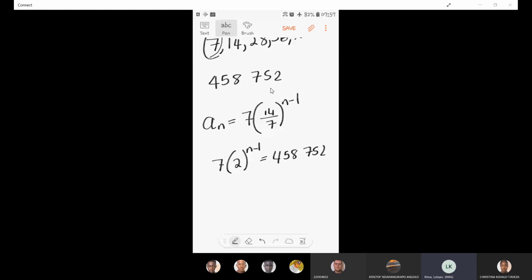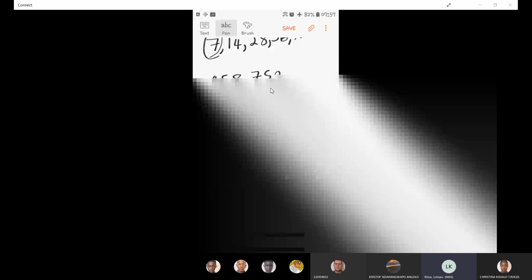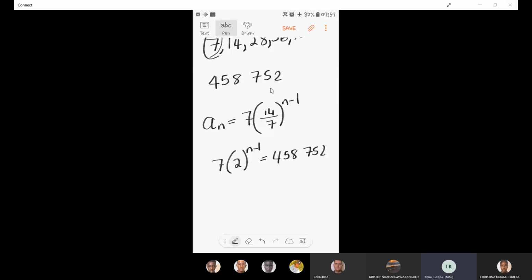Okay, so that is what I have, and what I need to do here is make n the subject of the formula. We've done questions like this where you know how to make the exponent the subject of the formula. You can use logarithms, or you get to a point where you write both sides with the same base and then you equate the exponents. So first I will divide by 7 on both sides.